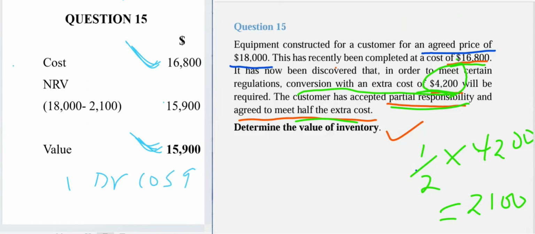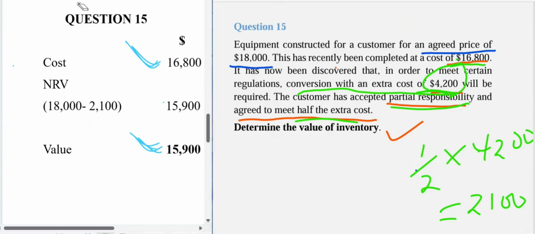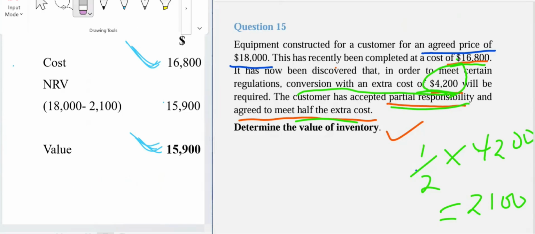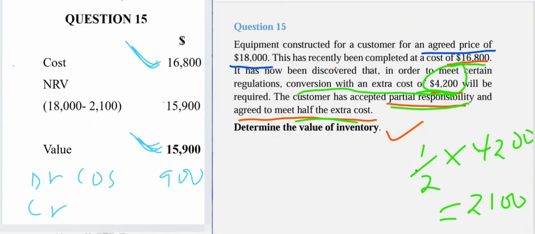The 900. So let me rewrite it here. We'll debit our cost of sales with 900, and I will credit inventory with 900.